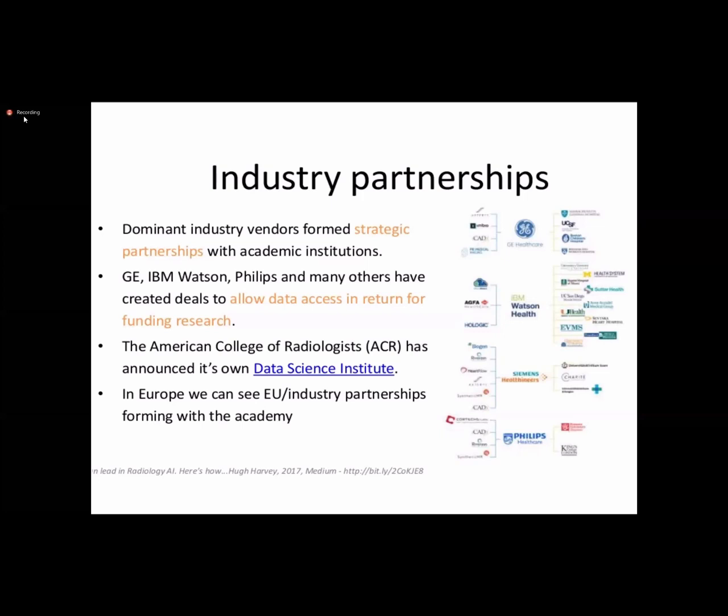And the American College of Radiology has announced its own Data Science Institute, which will work only on these AI equipments. They are trying to reach a stage where the best patient care and best physician diagnostic results can be given with the help of AI systems.